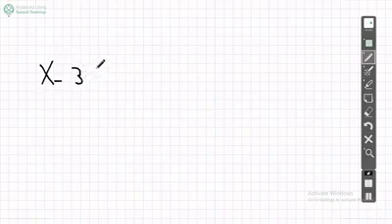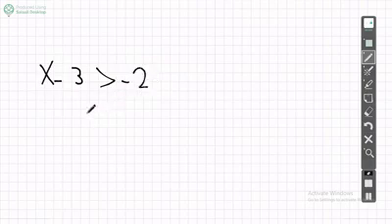So here my question: solve the inequality, then graph the solution on the number line, then check your answer. For example, if I have this one-step inequality, x minus 3 is greater than -2. This is a one-step inequality because it has one operation sign, and it's subtraction.